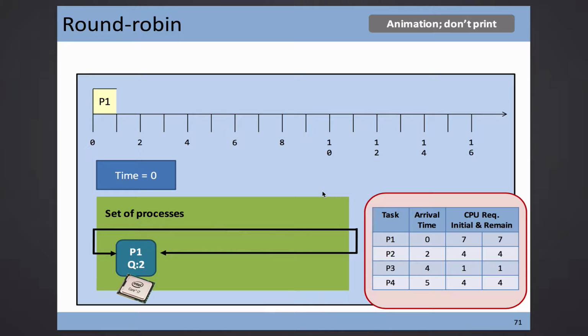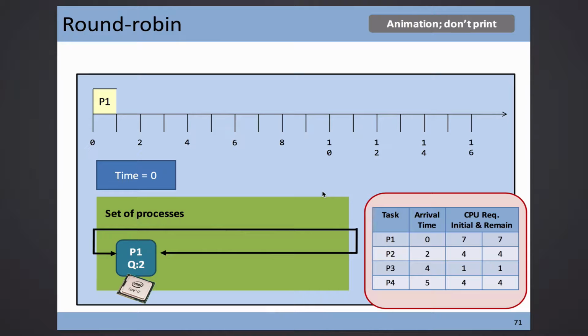First, based on the arrival time, I have a circular queue here. Later on, you will see why I have this circular queue. The first guy executes first. It arrived at the system without any competitors, so it would run for 2 milliseconds or 2 time units, whatever.